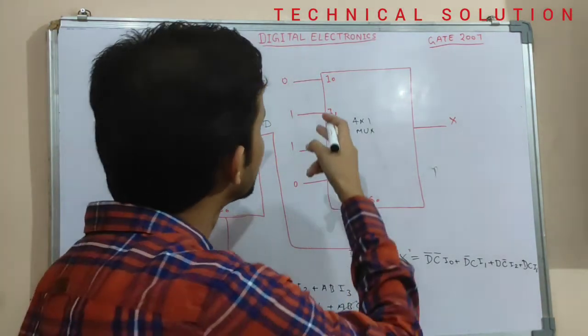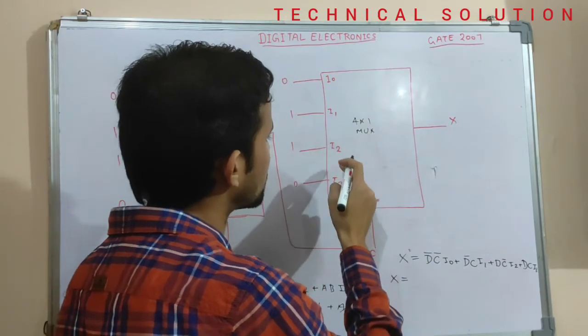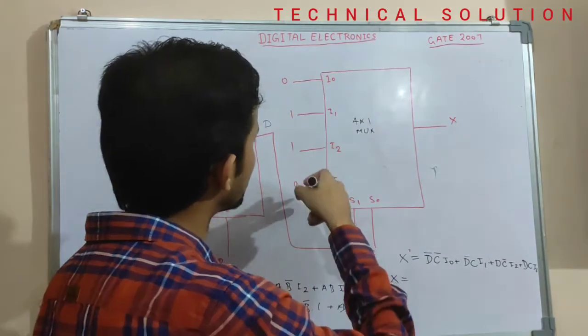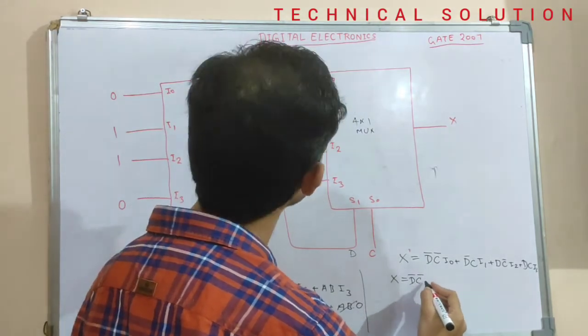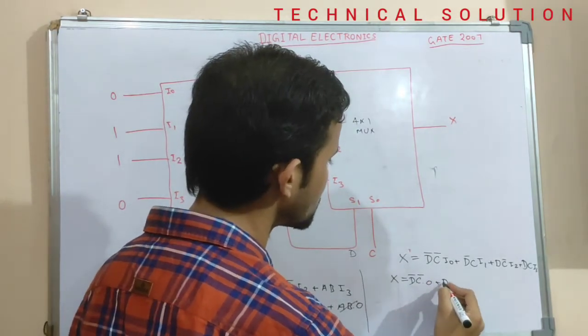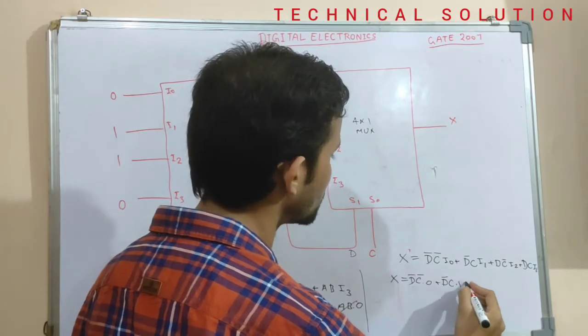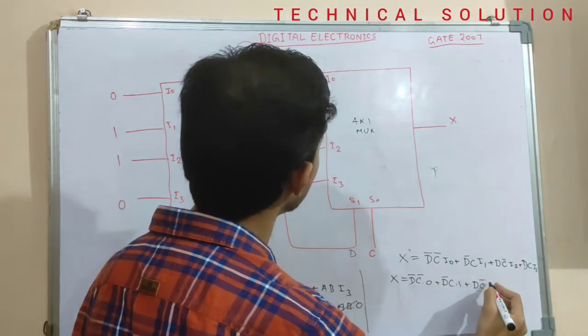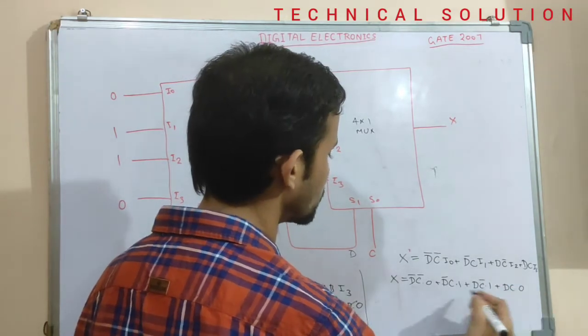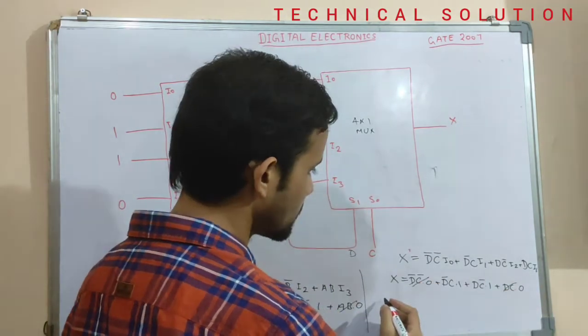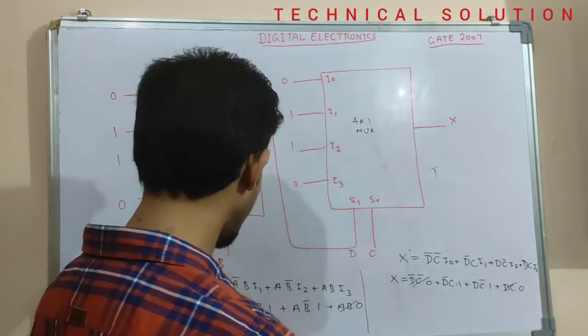Put the values of I0, I1, I2, I3, which are given here. We get D bar C bar into 0 plus D bar C into 1 plus D C bar into 1 plus D C into 0. The zero terms become 0, and put the value of D here.